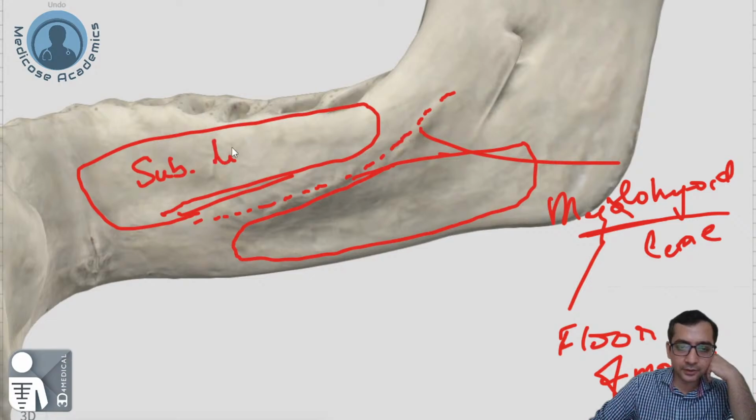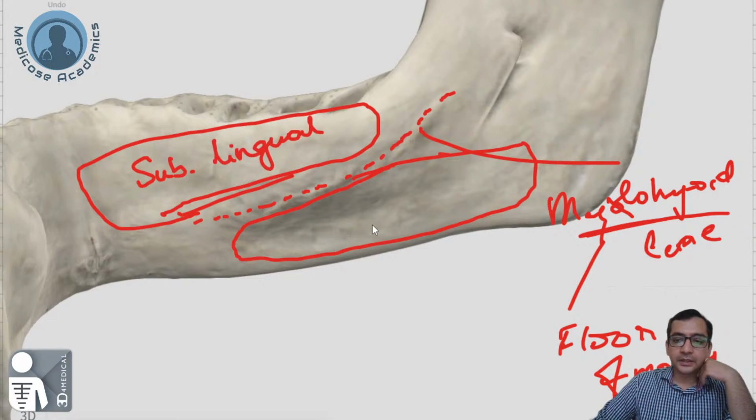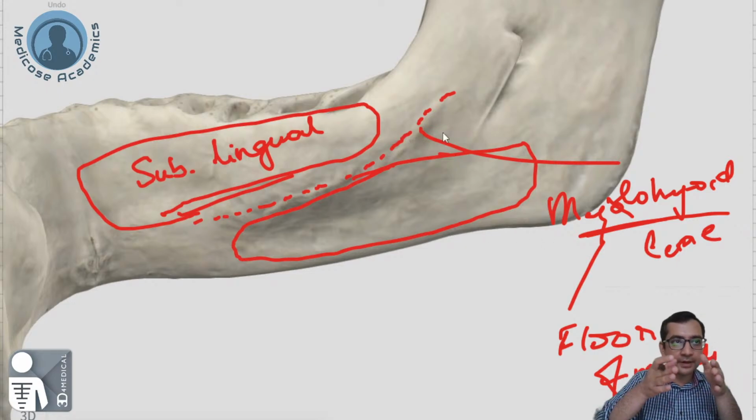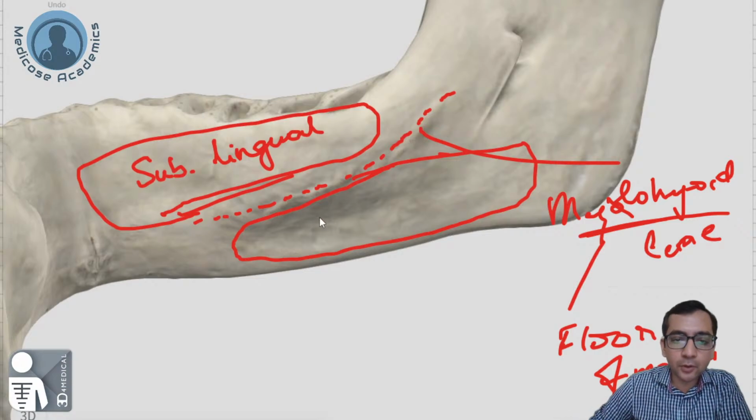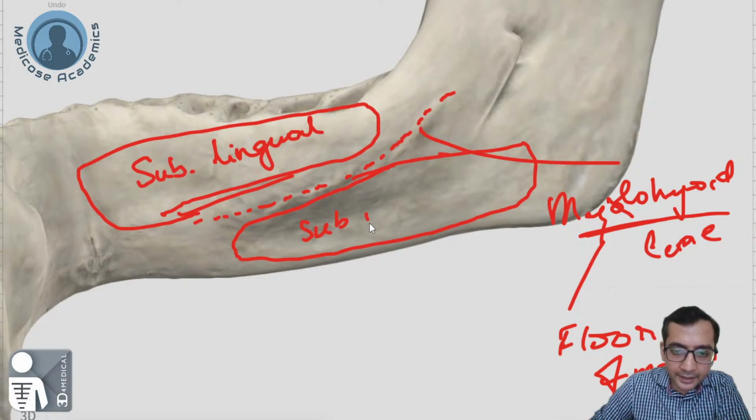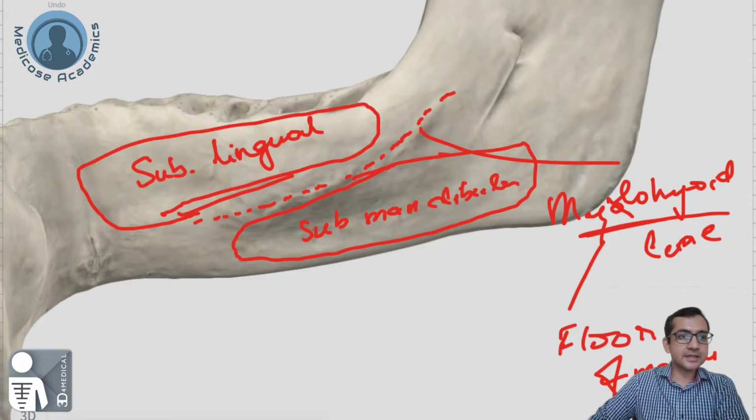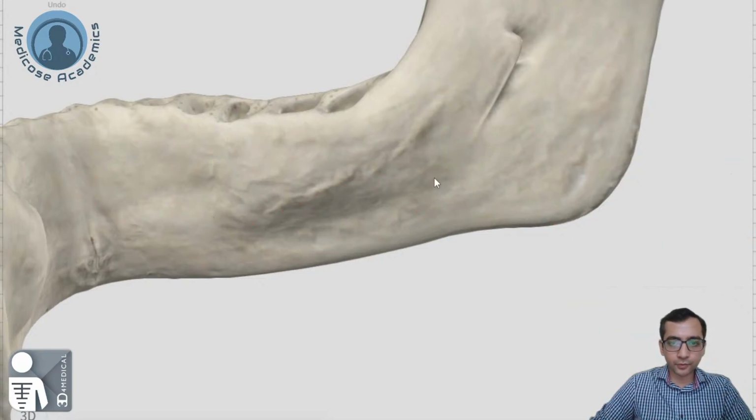This is called sublingual. And the mandible is just a little outwards; there is a fossa below that. This is called submandibular. So these are the structures present in the mandible.